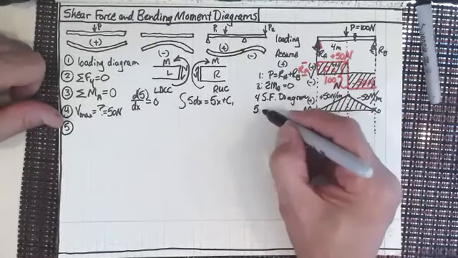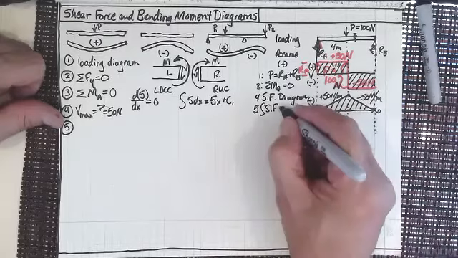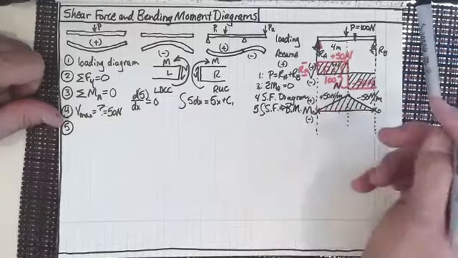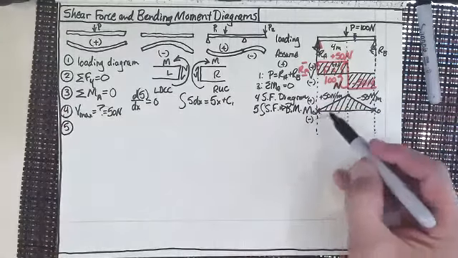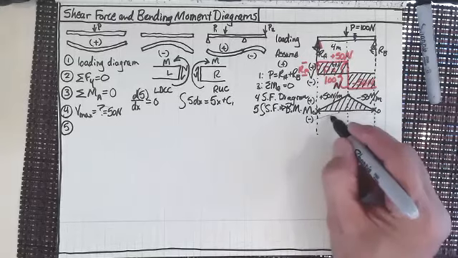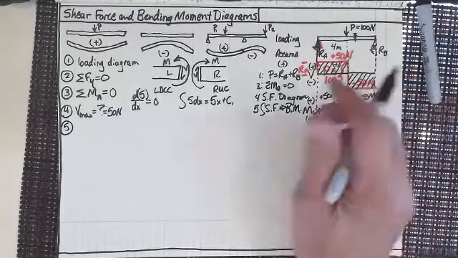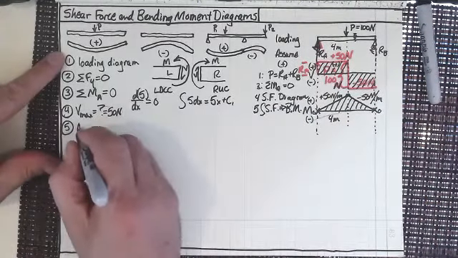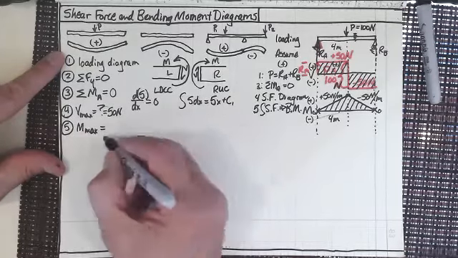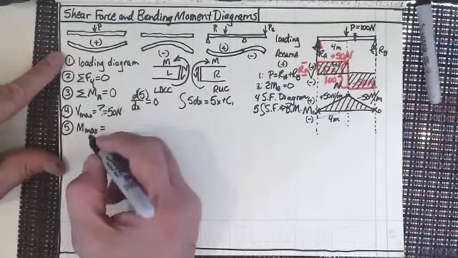And then 5 would be integrate the shear force diagram to get the bending moment diagram, right? And that's what we've done. Now, when we've got 50 newtons per meter and we're going up 4 meters, what's that maximum bending moment going to be? So M max is going to be 4 times 50 newtons, 4 meters times 50 newtons, right?